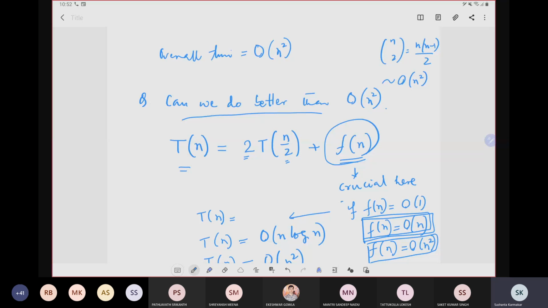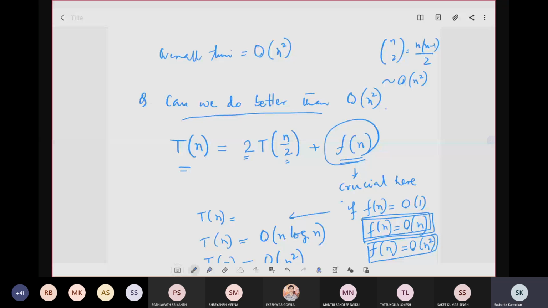That essentially means somehow I have sorted the first half of the array and the second half, and then I merge. There is a merge procedure: if you give me two sorted arrays, my merge procedure will give a new sorted array comprising all the elements of these two subarrays, and it can be shown that the merge can be done in linear time. Once it is done in linear time, that's why merge sort becomes n log n.